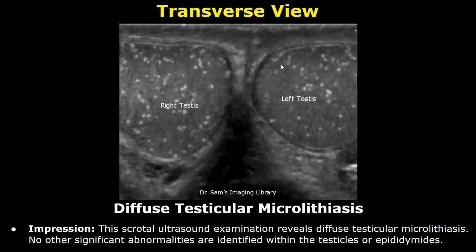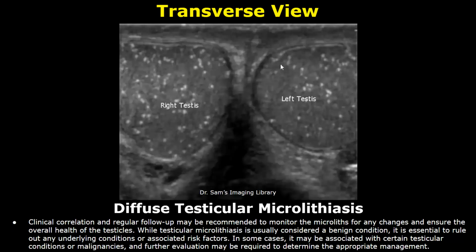Besides these microliths, no other significant abnormalities are identified within the testicles or the epididymides. And just like the previous cases, clinical correlation and regular follow-up may be advised to monitor the microliths for any changes.